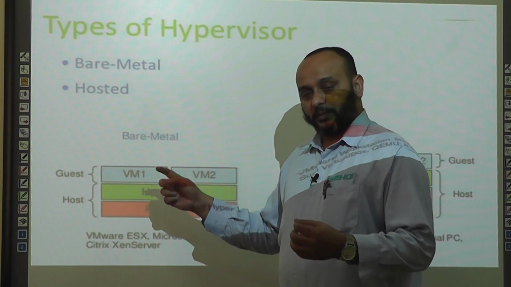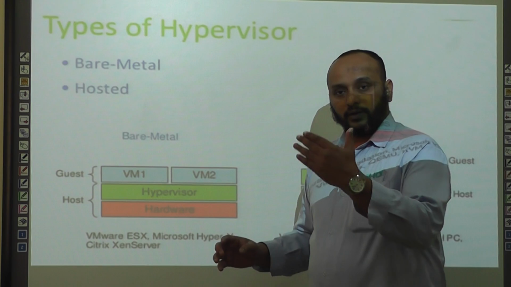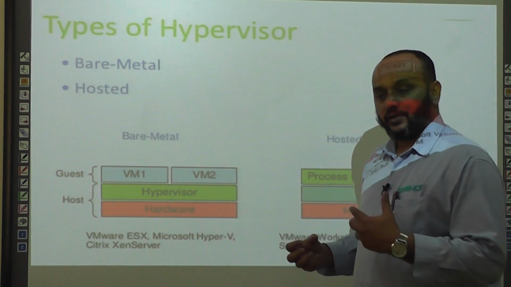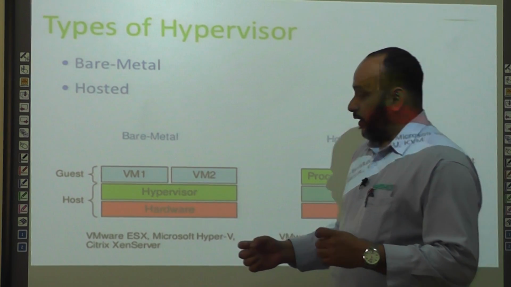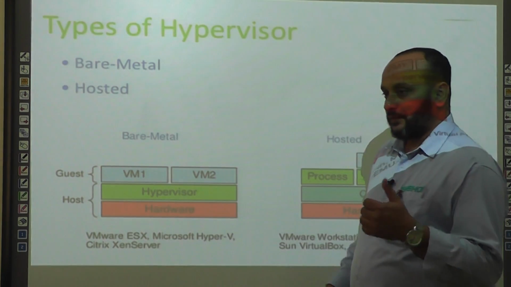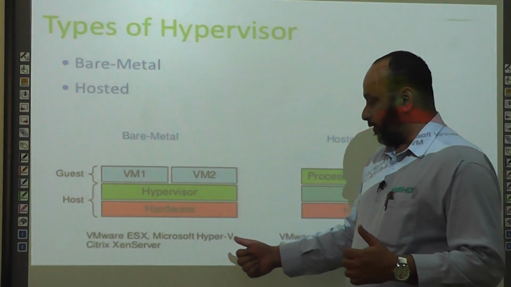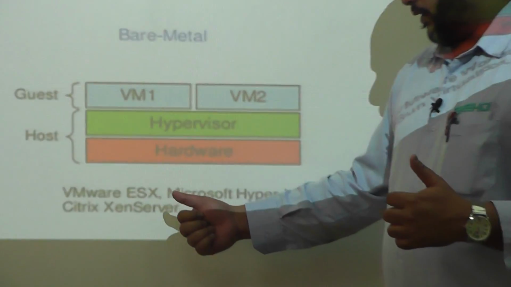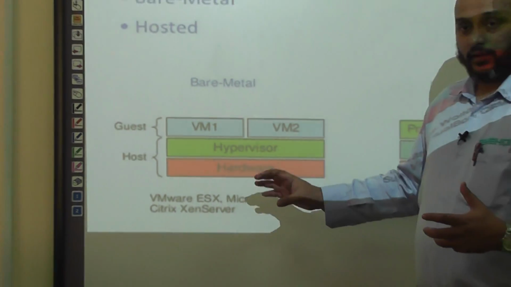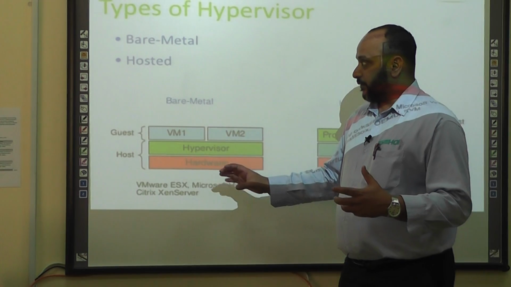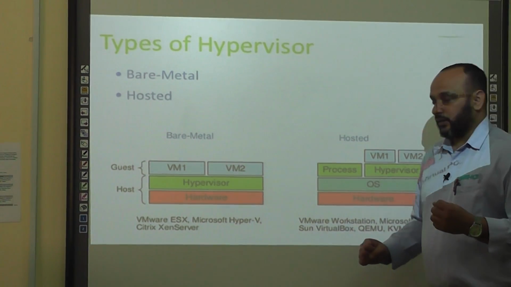VM means virtual machine 1, virtual machine 2, 3, 4, and so on. If your hardware is good, you can install many operating systems or virtual machines. There are many hypervisor vendors, like VMware, Microsoft Hyper-V, Citrix, Xen Server. For this bare metal hypervisor, these are the brands which you can install on your server.